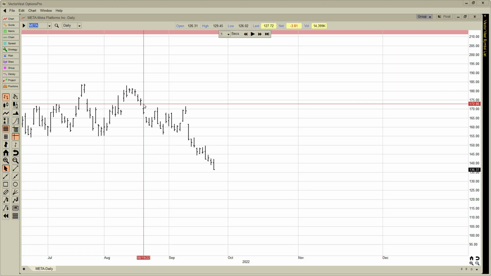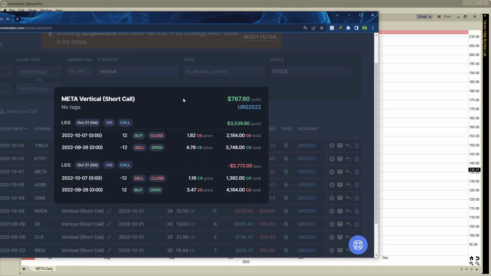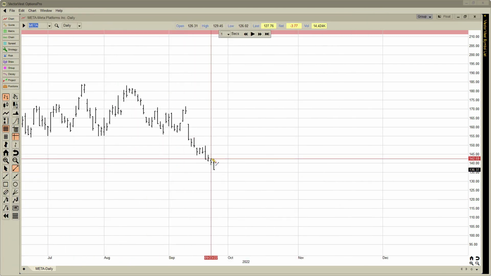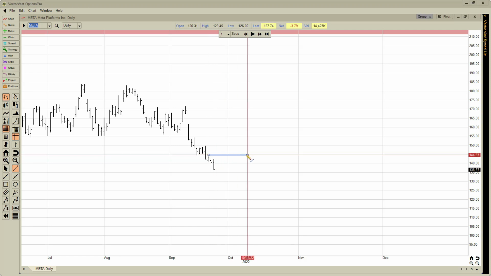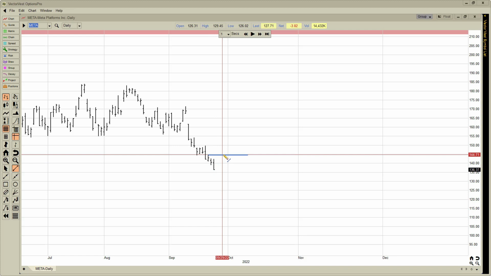Now, another beautiful thing about this is we can set the trade up with probability. So you can see right here on September 26th, I sold a 145 call. That puts that price right about here. The stock at that day was trading for around 136. I chose 145 because this gives me a statistical 60% probability.